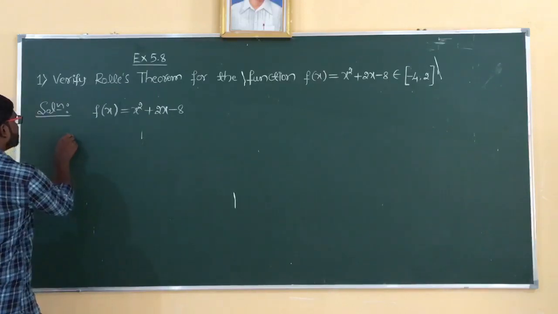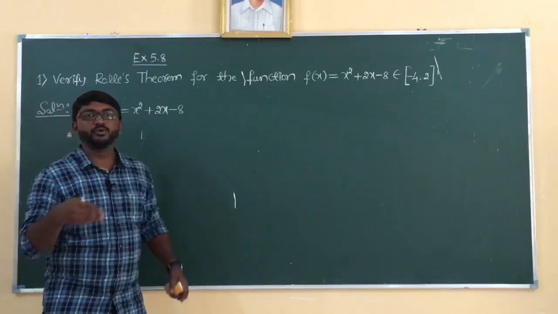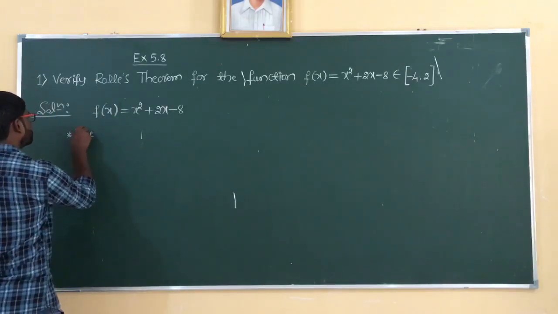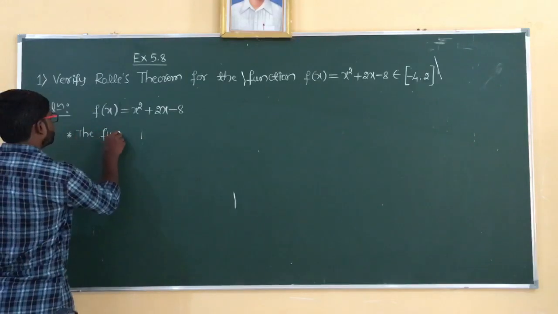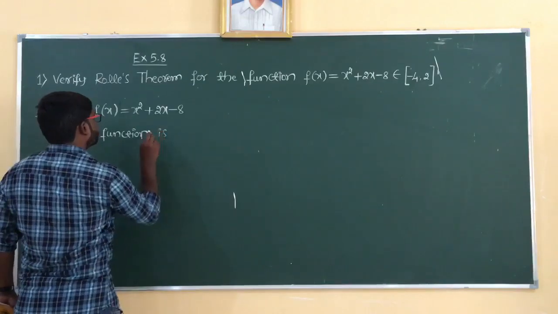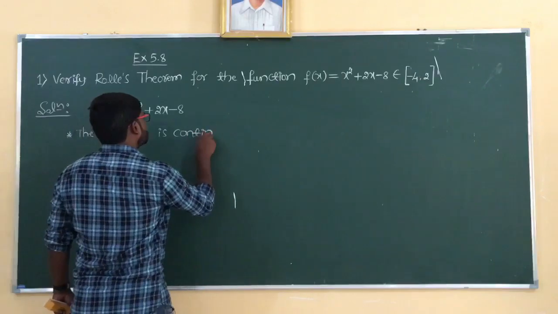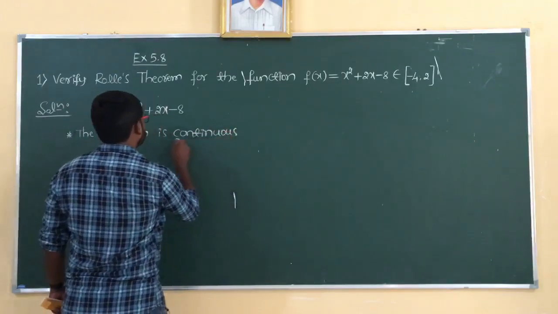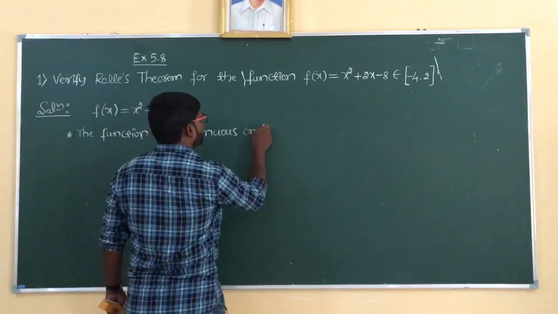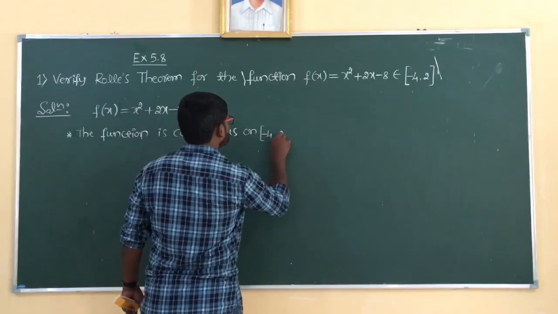Now what was the first point in Rolle's theorem? The function is continuous on the closed interval minus 4 comma 2.